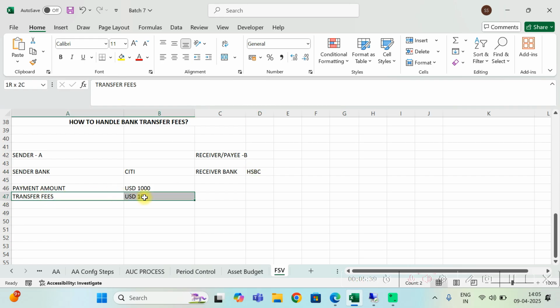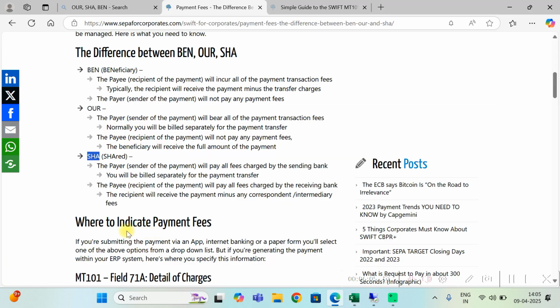For example, Citibank didn't charge any fees, so sender A only pays 1,000 to HSBC. Now HSBC charges $10, so HSBC will deduct the $10 and pay only 990 to receiver B. This way, based on the code and the file format, your processing fee is managed.